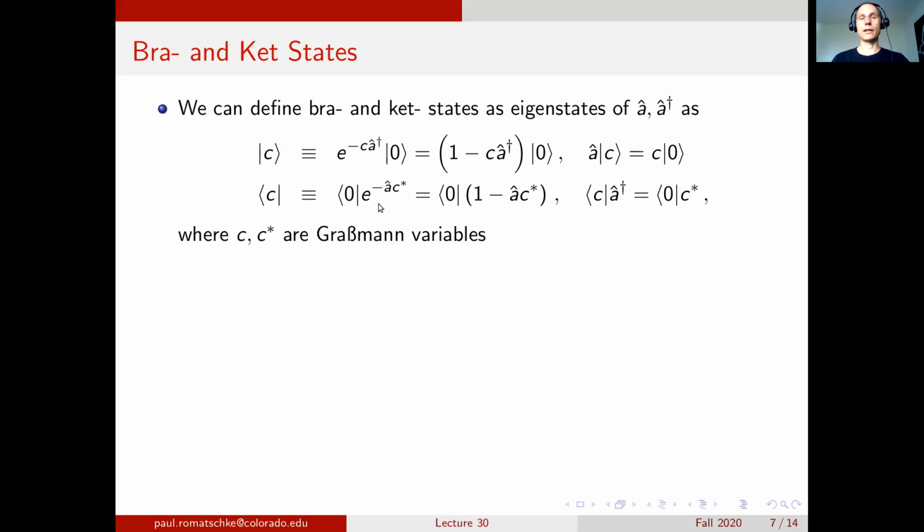And we can again write the exponential just as the expansion up to the linear term because of the anti-commutation relation. And similarly, we define the action of the operator A dagger acting to the left as the eigenvalue C star times the bra of 0. Note that these quantities C and C star in these constructions are Grassmann variables.